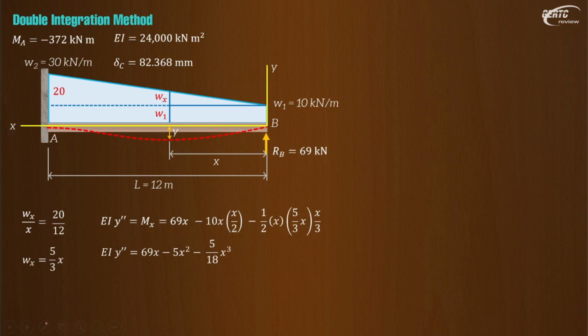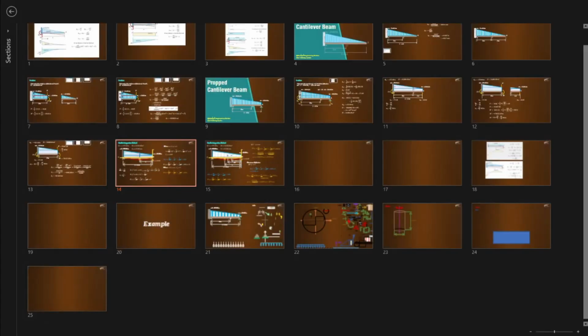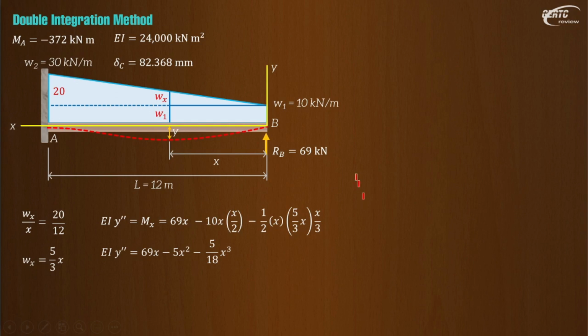Before we do that, we expect here two arbitrary constants of integration, C1 and C2. We need boundary conditions. We know that here is our origin: when x is 0 at the origin, y is 0. Another is when x is here. Take note, this is our origin.